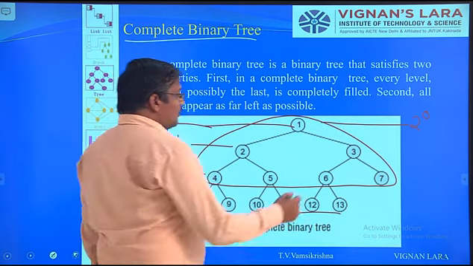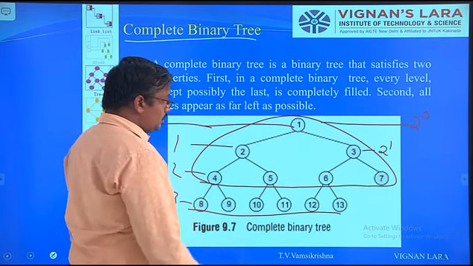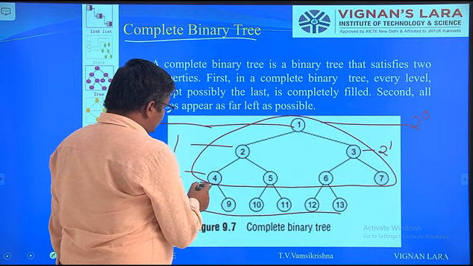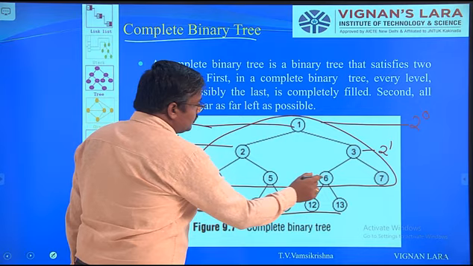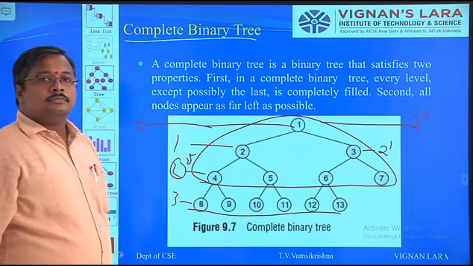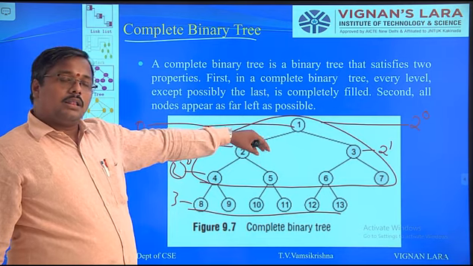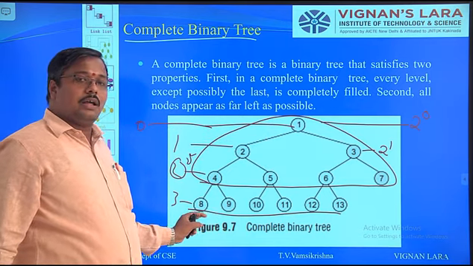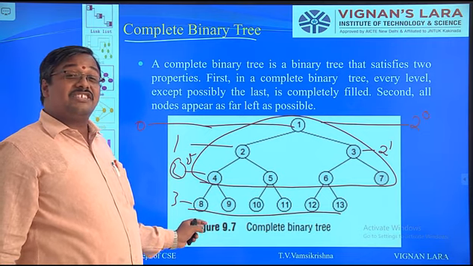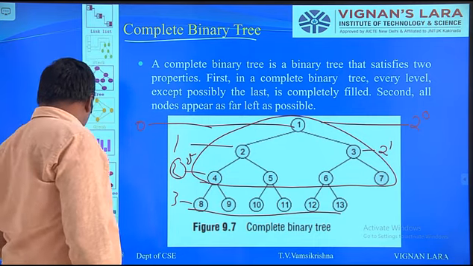In the first level it is 2 power 1, say 2 nodes. In the second level it is 2 power 2, so 4 nodes: 1, 2, 3, 4. So except the last level, all the levels should be filled with the maximum number of nodes, and in the last level the nodes are arranged from left to right. Such a kind of tree is called a complete binary tree.